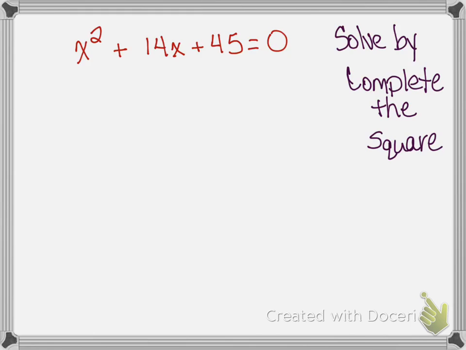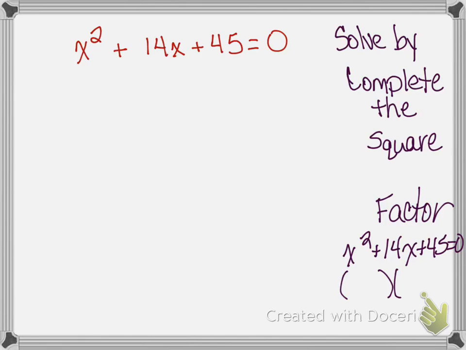Now, this can be factored. I'm telling you right now, this can be factored. So if I were to factor it, I have x squared plus 14x plus 45 equals 0. 45 is my product.